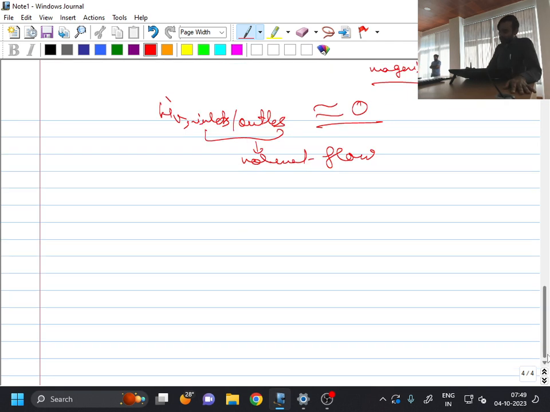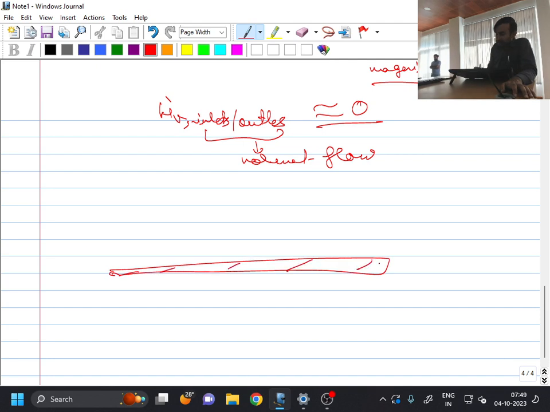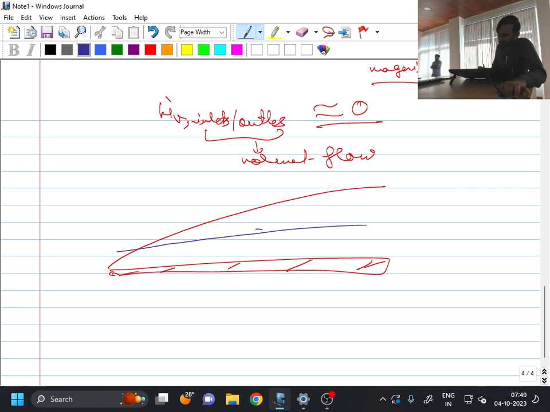Then ultimately, we also know that if I consider, say, my boundary layer, this is my boundary layer region. All of you must know what I mean by boundary layer, because I have already described it briefly in earlier lectures. If I consider one streamline over here and another streamline over here, can you tell me along which streamline the viscous work will be non-zero and along which it will be zero?